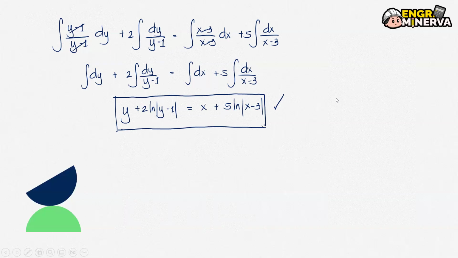Next, our next example would be the derivative of p with respect to t is equal to p minus p squared. Again, what we need to do is put all the variables p to its respective differential.